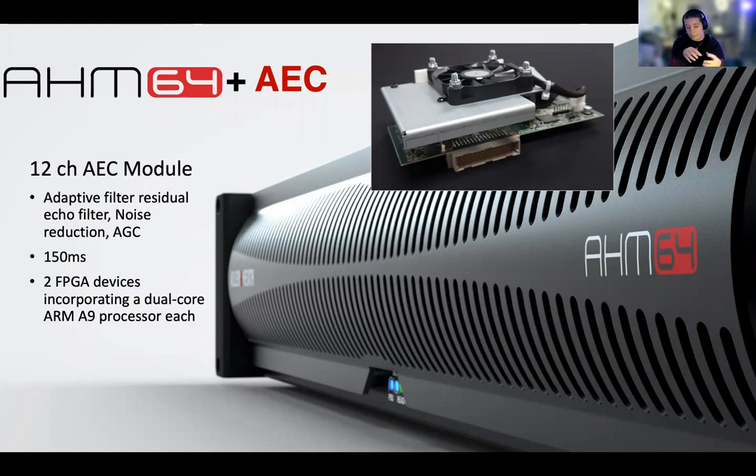Because ours is this separate chip, we can slide it in and we're not sucking away anything from the AHM64 the rest of the way that it's running. So everything else can run as perfectly as normal. We just want this extra chipset to take all of that math and do it for us. So a really good trade-off, especially considering you don't have to give up anything else for it.